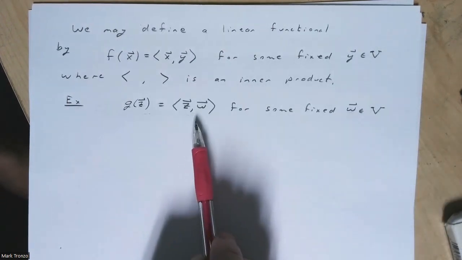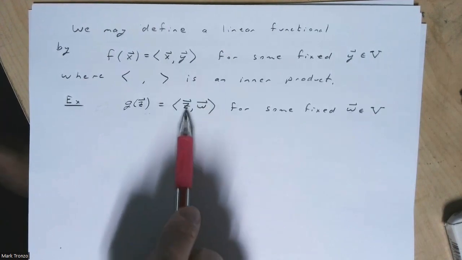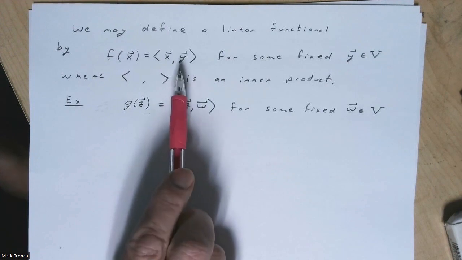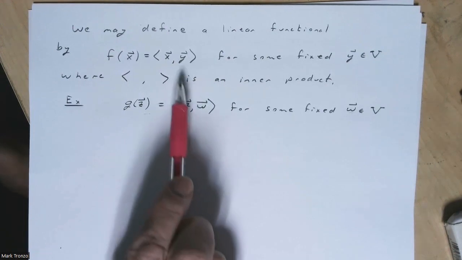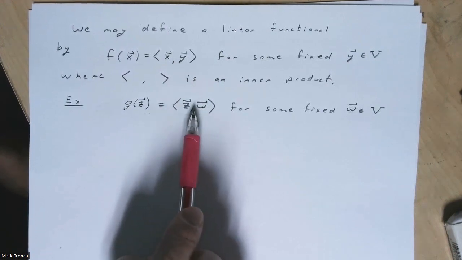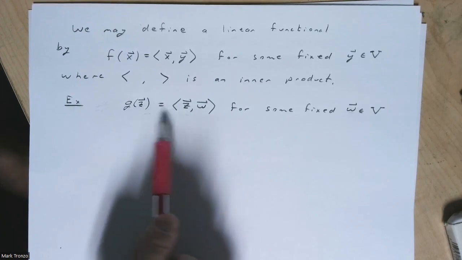Now, this is not the only way to define a linear functional. You could define it in any way that obeys those linearity properties we talked about, but this is one way to define it.